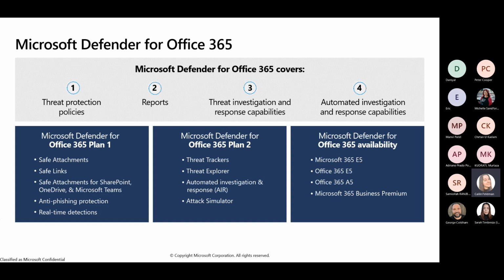And this integration is going to add a layer of protecting the sharing of files. But then you have Defender Plan 2. This plan includes all of the features in Plan 1, but it's going to provide automation, real-time investigation, remediation, and simulation tools to help protect your Office 365 suite.